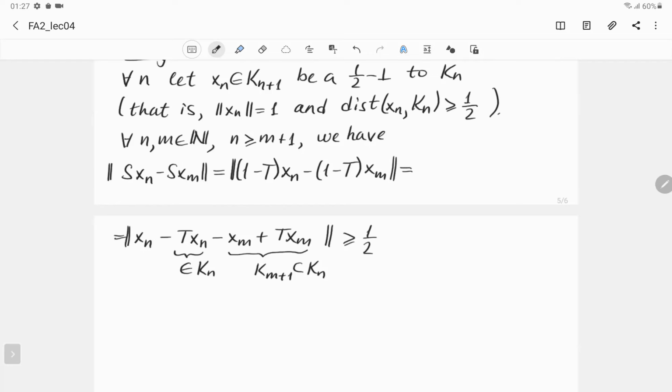And this is a contradiction with the compactness of the operator S, because clearly such a sequence S of xn doesn't have a convergent subsequence. And so the image of the unit ball is not relatively compact. This is a contradiction with the compactness of S.